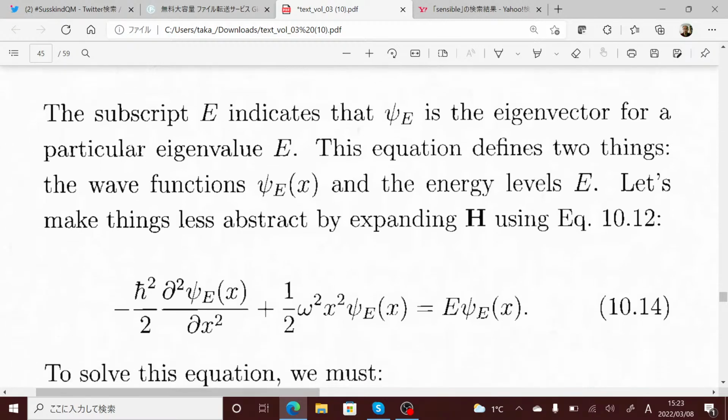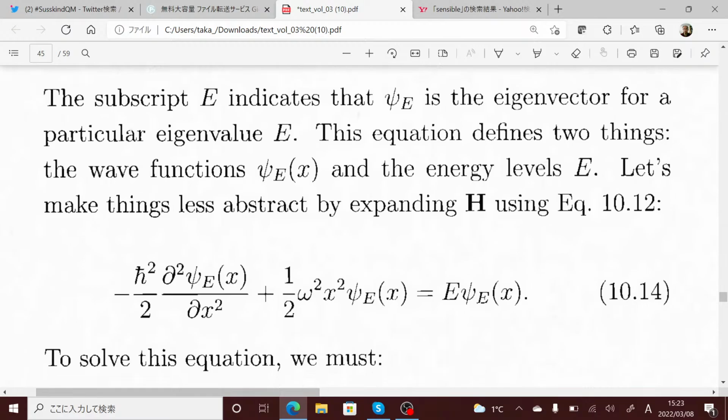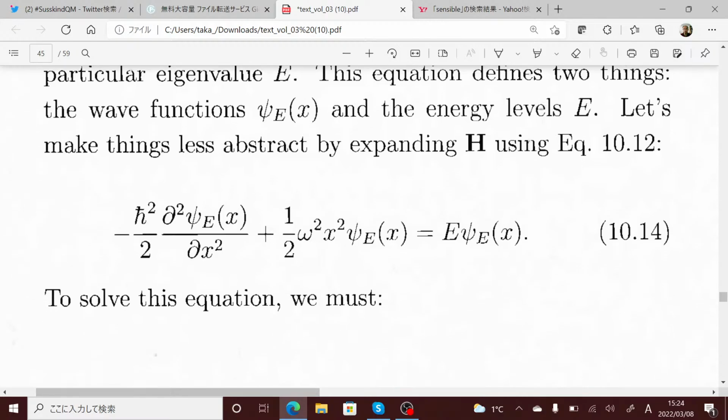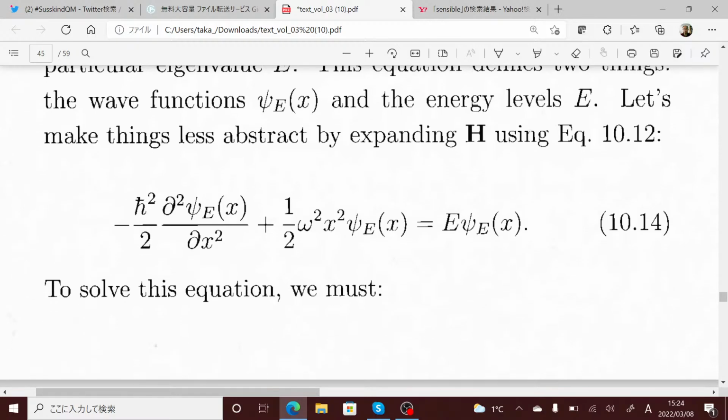Let's make things less abstract by expanding H using equation 10.12. So minus h bar squared divided by 2 times partial squared psi_E divided by partial x squared, plus 1/2 omega squared x squared psi_E, equals E psi_E of x.